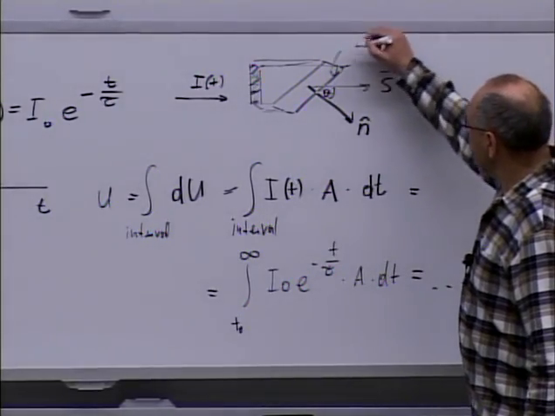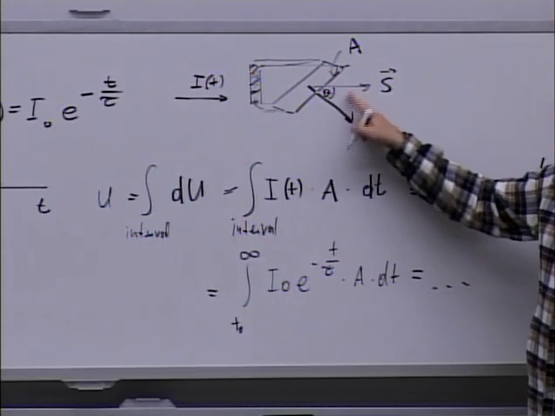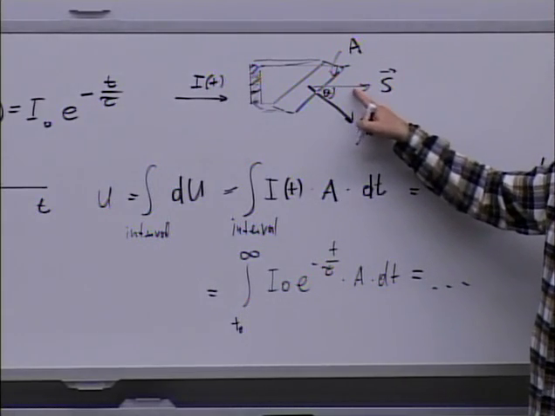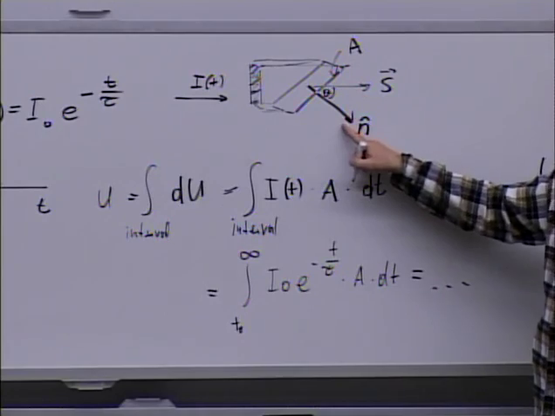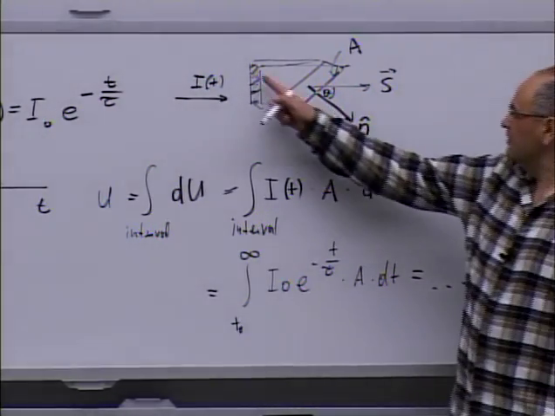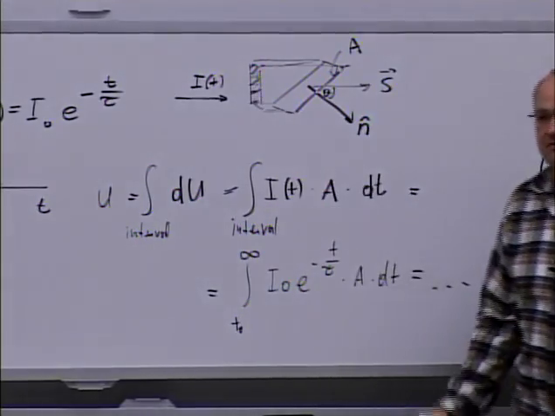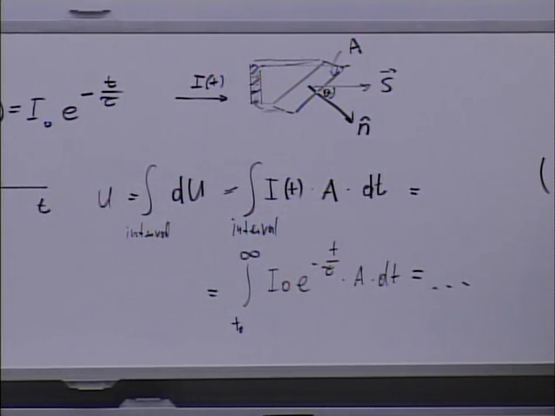If this surface has area A, and the orientation is like that between a pointing vector and the normal vector to the surface, what will be the area of this surface over here, which is now perpendicular to the propagation of light?